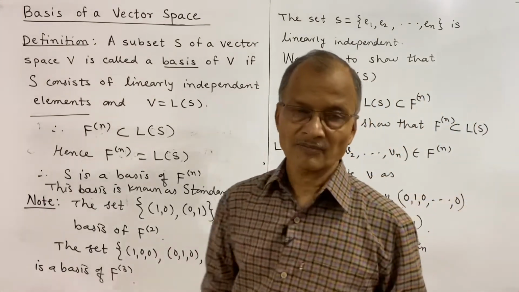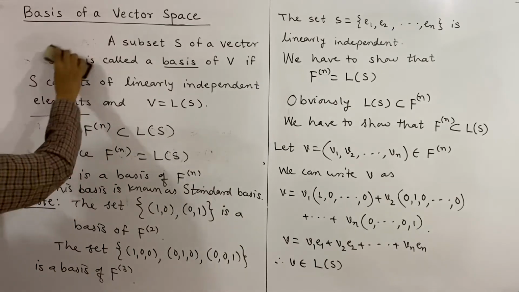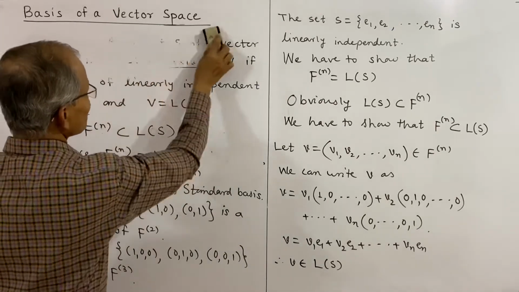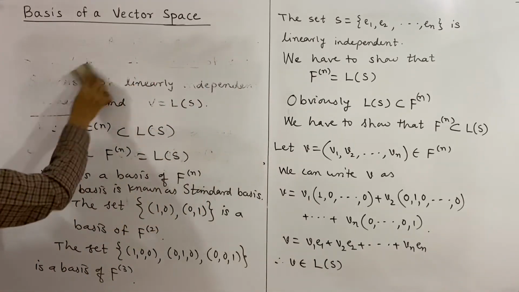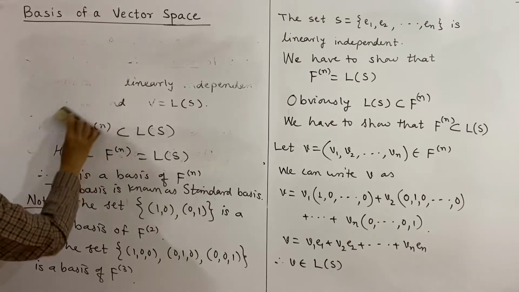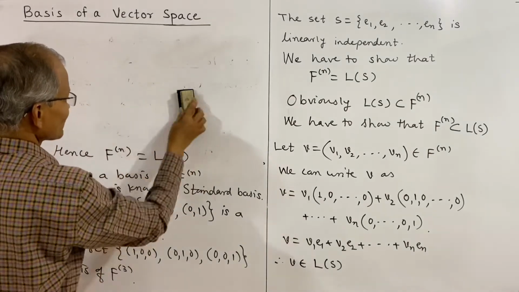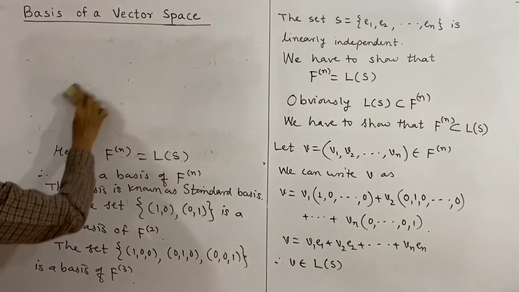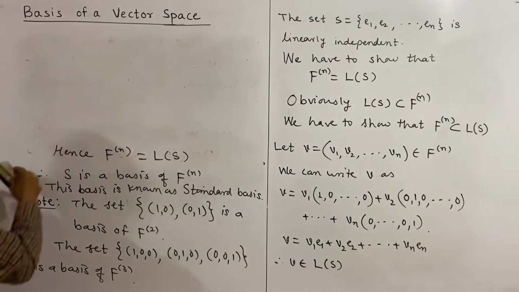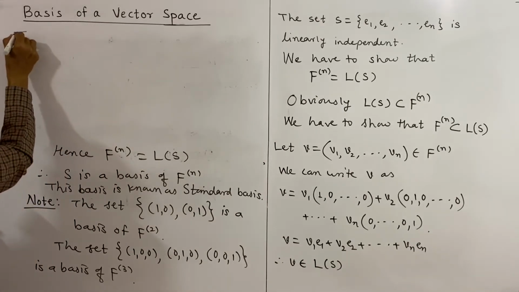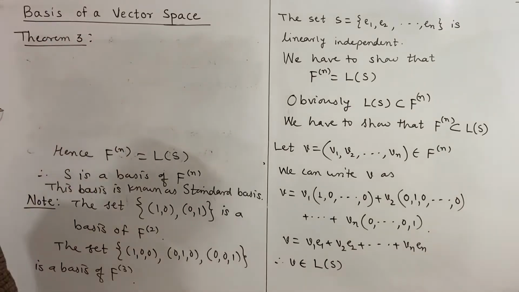Now we shall state a theorem about basis, which is important. That means if there are two bases of a vector space, then they will contain exactly the same number of elements. That is the theorem, and this will be our theorem 3 in serial order. So we shall state the third theorem. This holds for finite dimensional vector space.